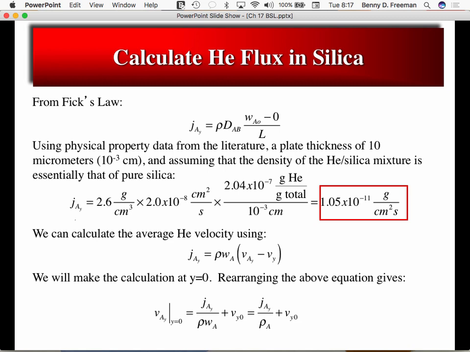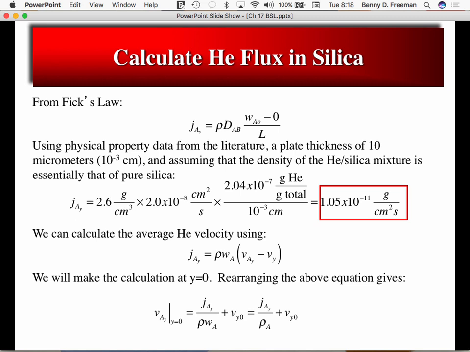If those numbers mean anything to you, that's fairly quick for diffusion of a molecule through a solid piece of glass. This is the solubility at 1 atmosphere partial pressure, the amount of helium that will dissolve in that material, and here's the thickness, and so you can calculate what the flux of helium would be through that glass plate, and it would be about 10 to the minus 11th grams per square centimeter per second.